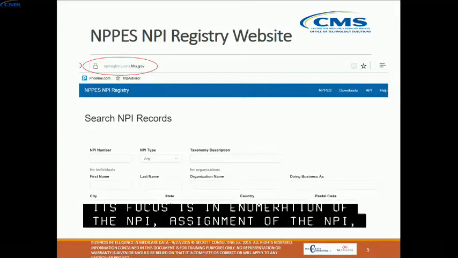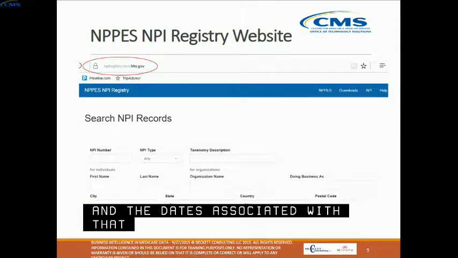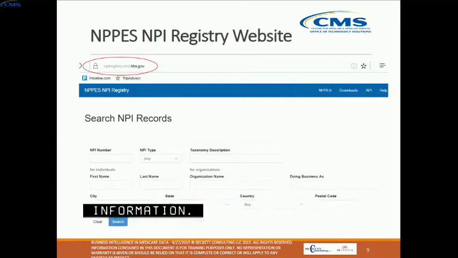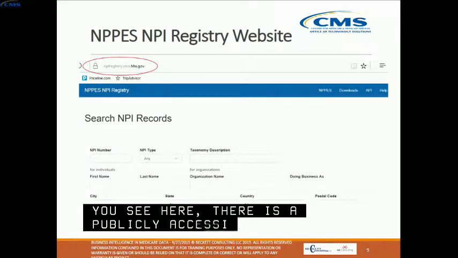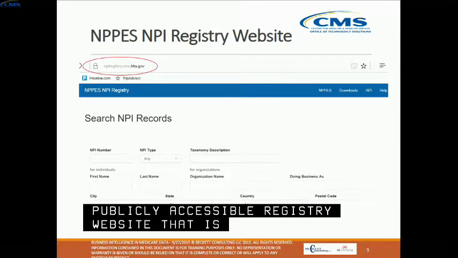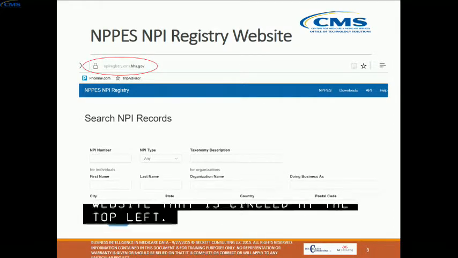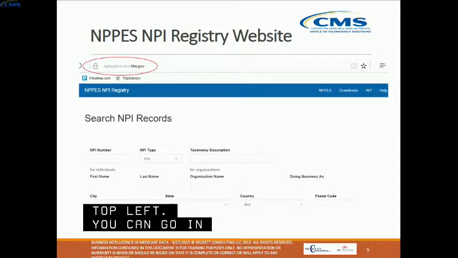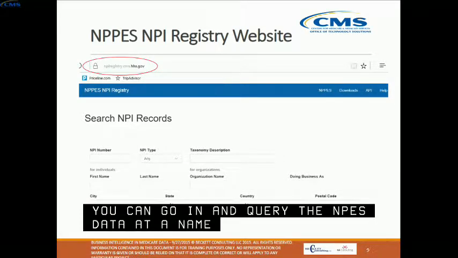As you see here, there is a publicly accessible registry website that's circled up here at the top left. You can go in and query the NPES data at a name level, either organization or individual. You can use parts of a name. You can use a taxonomy.